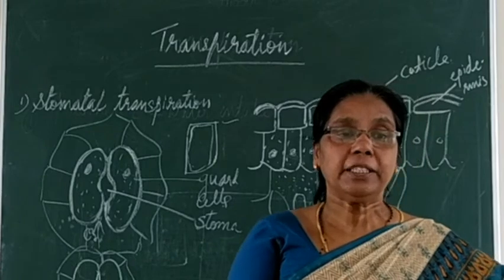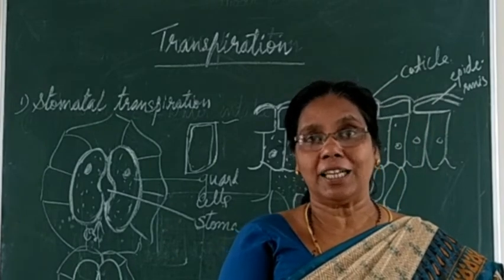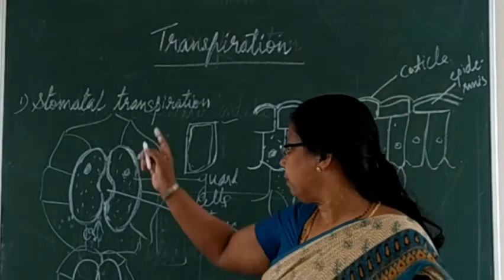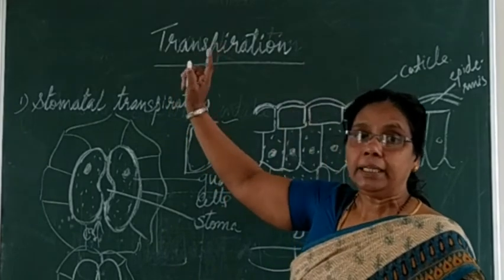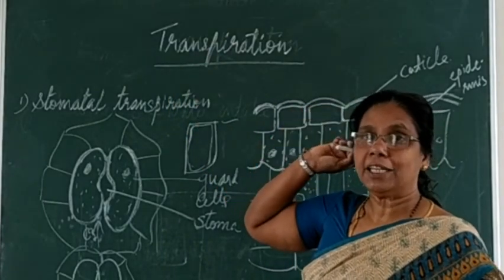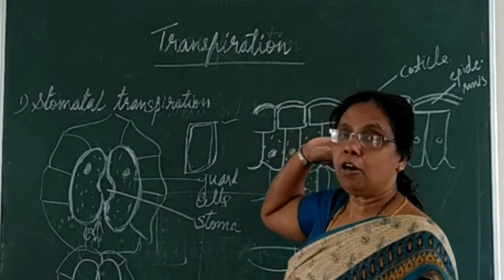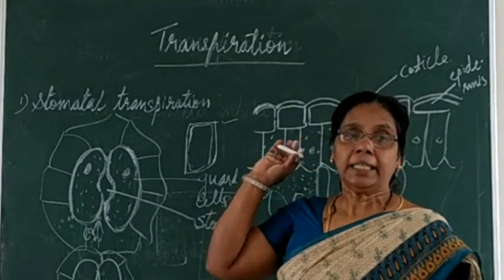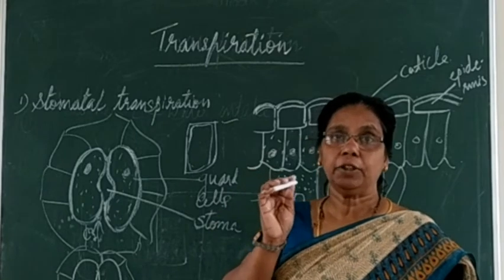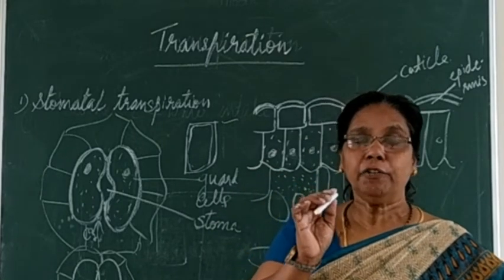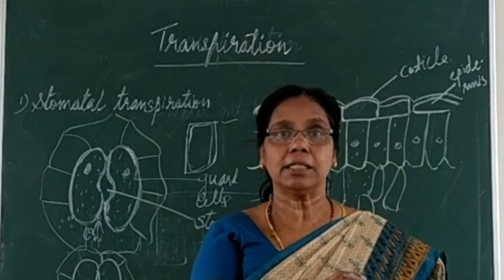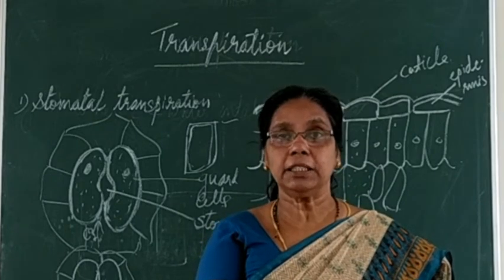The third type is called lenticular transpiration. So stomatal transpiration is over. Then the second one, cuticular transpiration, is a very simple way: water diffuses out through the cuticle. And the third type is called lenticular transpiration. Are you familiar with the word lenticels? Where are they present?